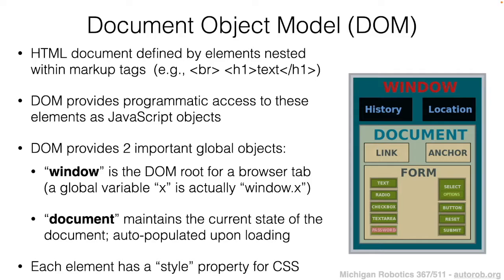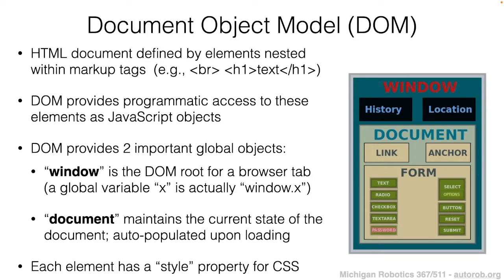There are two really important global objects that are worth remembering. The first is the window object. As shown in the figure here, the window object is the overall encapsulating root element of the DOM that corresponds to a particular browser tab. And within the window, the other important global object is the document object.